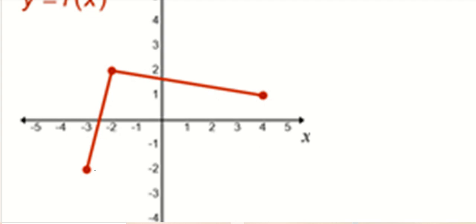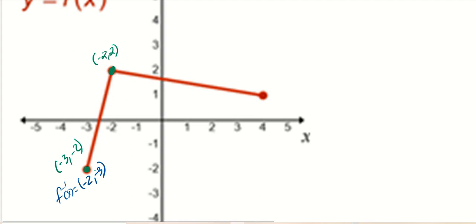Now, what is this point here? This point here is negative 3 and negative 2. So its inverse of these numbers would be negative 2, negative 3, right? Now, same thing goes for here. This point here would be negative 2, positive 2, right?